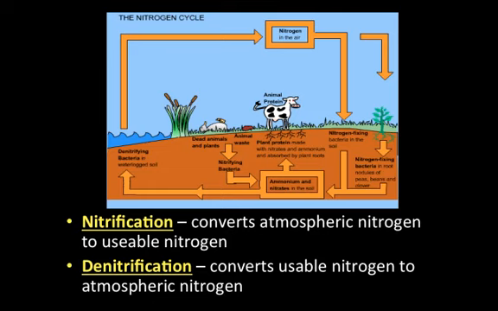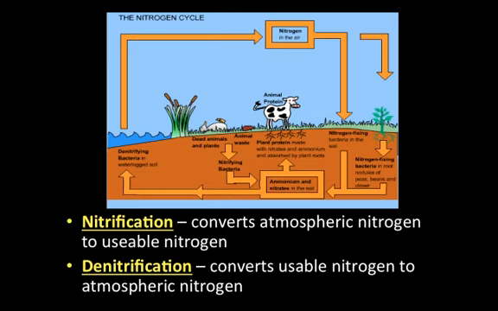Those plants then utilize that nitrogen to grow. Animals eat the nitrogen that's inside the plants. Other consumers eat the nitrogen that's inside the other animals. Nitrogen leaves organisms through our waste and through animals dying. The nitrogen goes back into the soil and the process continues.